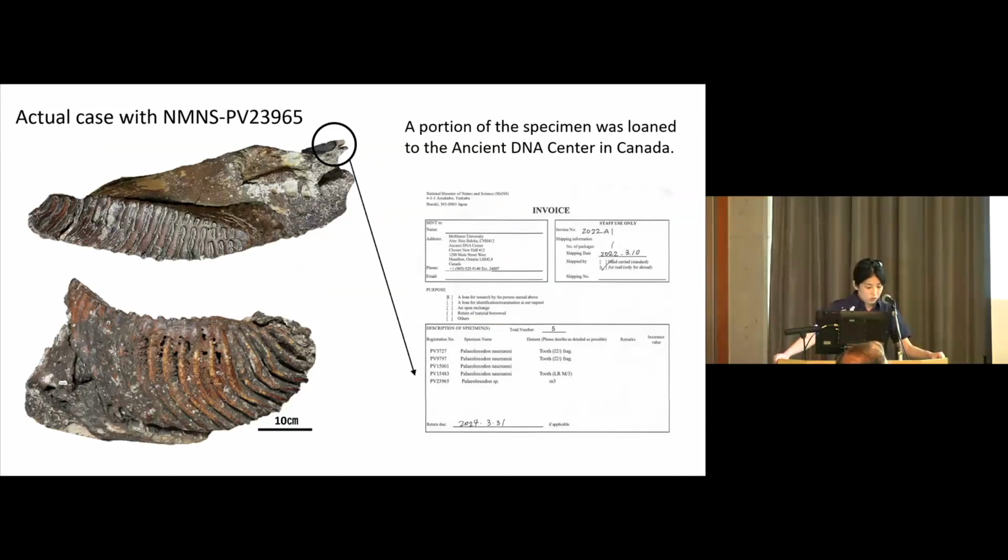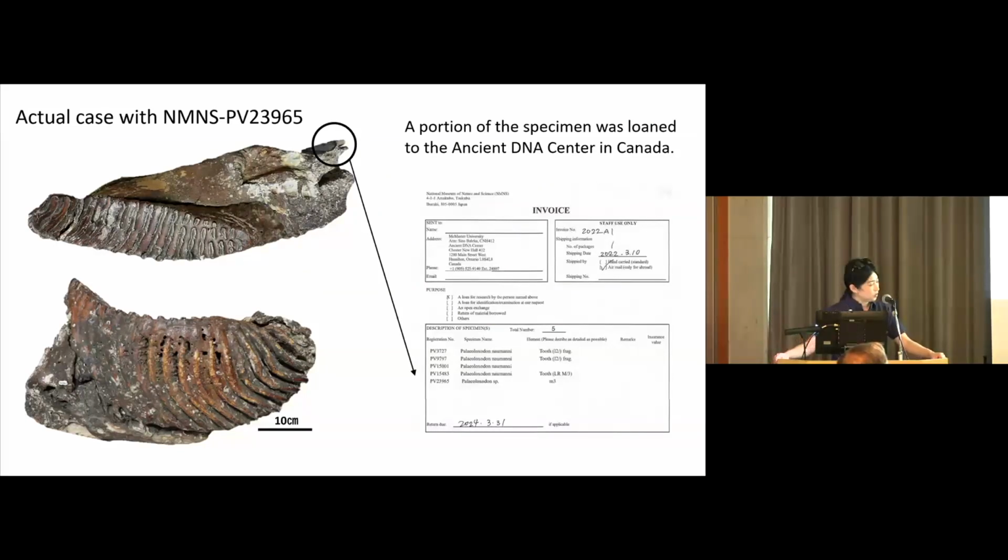So here I want to introduce an actual case, which I'm not quite proud of. A few years ago, I was contacted by a researcher group of Asian DNA from Canada, and they were trying to obtain samples from fossil elephants. And Palaeoloxodon naumanni, the endemic species of Japan, was one on their list.